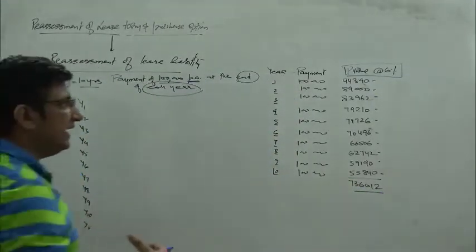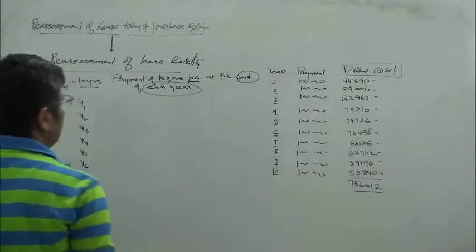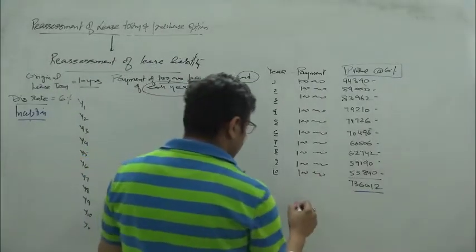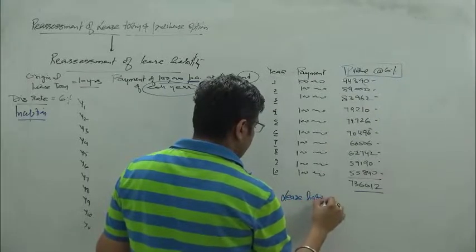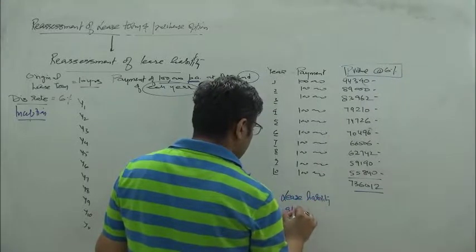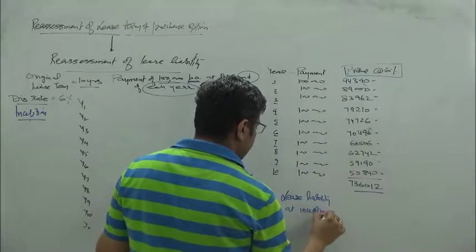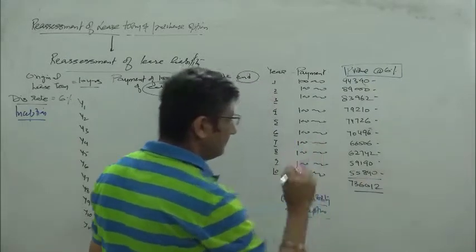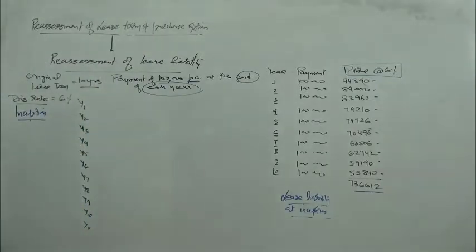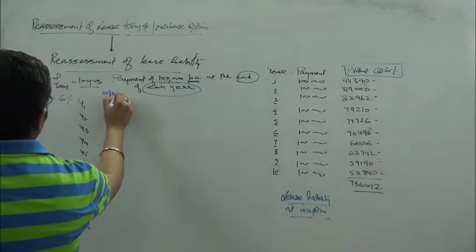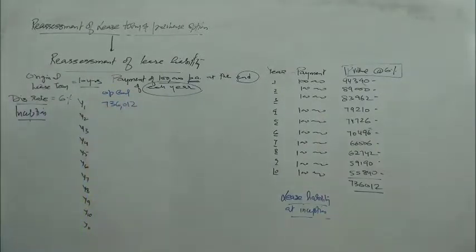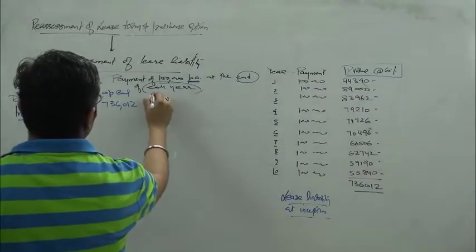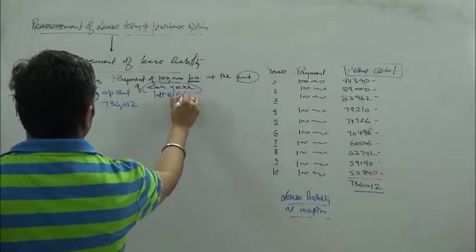Okay, ignoring everything, if I look at purely the lease liability part of it, so I'm not talking about the right of use asset, the lease liability at inception comes to 736012. So effectively my opening balance of the liability is 736012. All right, I would be charging, of course, on this an interest at the rate of 6%.